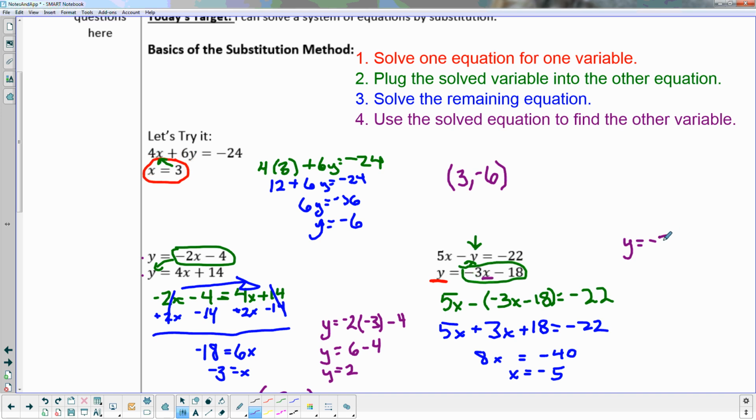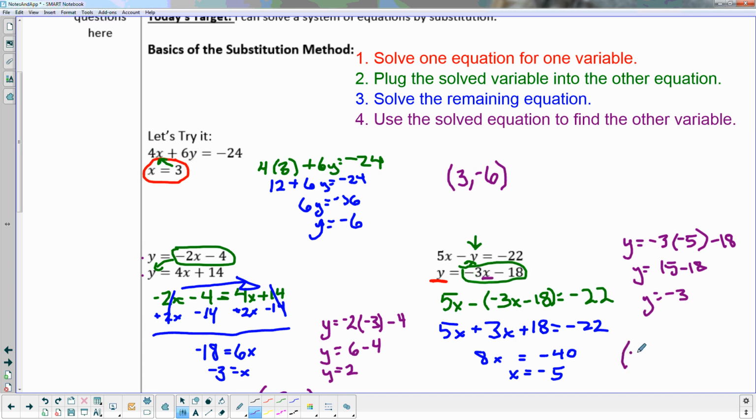So we're going to take negative 3, multiply it by negative 5, and then subtract 18. Okay. So y equals negative 3 times negative 5 is 15, minus 18, and we get y equals negative 3.